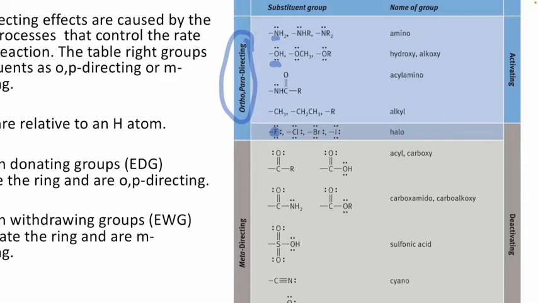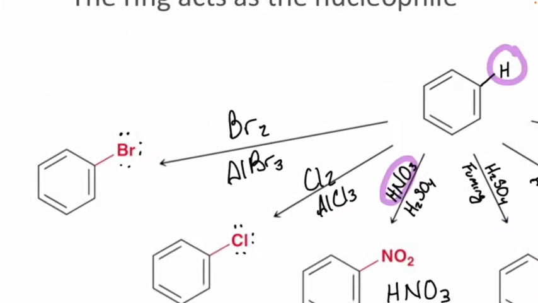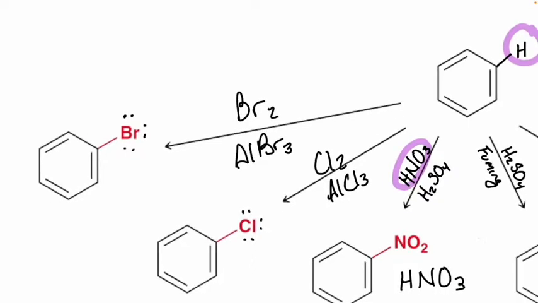Okay, so it's easy to spot whether it's an ortho-para-director because again, they'll have that lone pair. But this is sort of what I was getting at before, where we get lazy and we don't necessarily draw the lone pairs, so it's important to remember that our halogens, oxygen, and nitrogen will all have lone pairs on them.